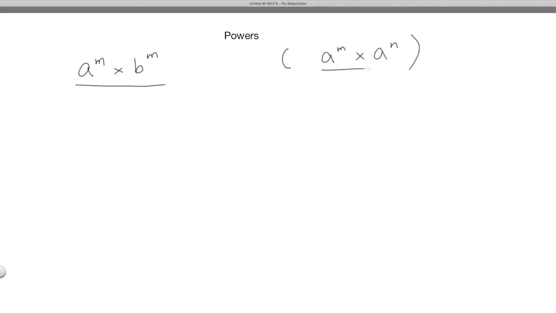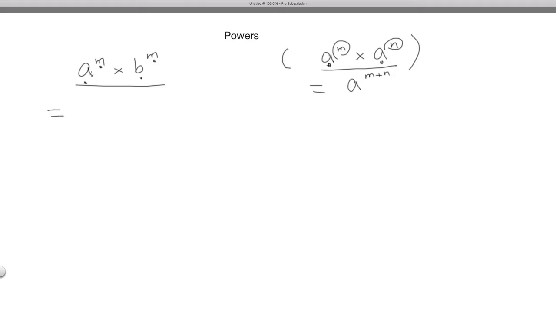In that one, the base is the same, they are both a, and the powers are different. Remember that this means m a's multiplied together and n a's multiplied together, which equals a to the power m plus n. When the bases are the same, you add the exponents. But in here, the bases are different and the exponents are the same.